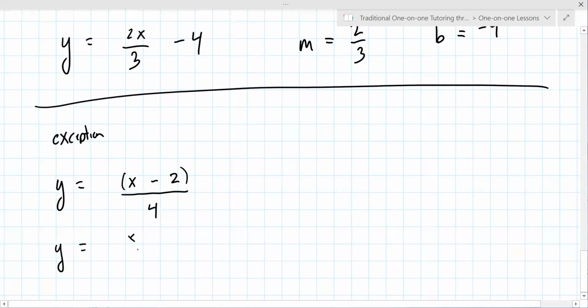So it's x divided by 4 minus 2 divided by 4. Is that something you've seen before? Yeah, 1/4 is m and b is 2/4. It's actually negative, and you have to simplify this.